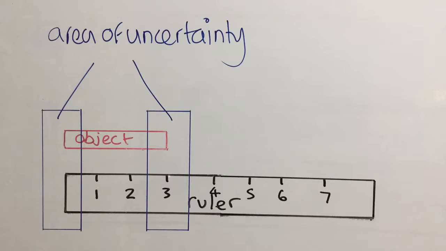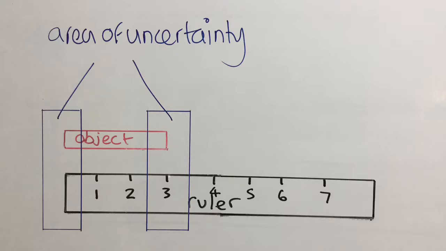So right there, I have an uncertainty of plus 0.5 or minus 0.5. Now, although I said up to 3.4, in actual fact, up to 3.4999999 and so on, I would still call it 3.